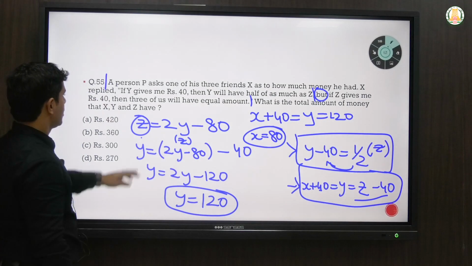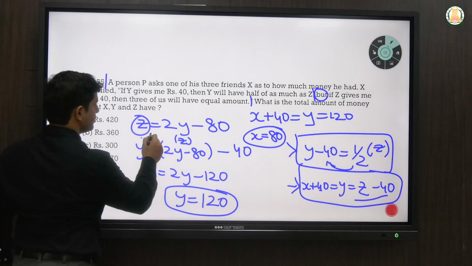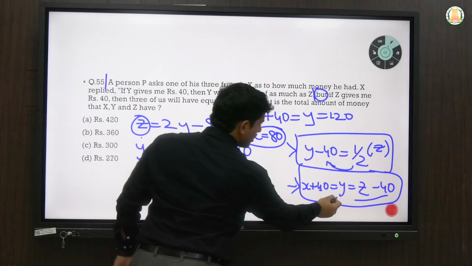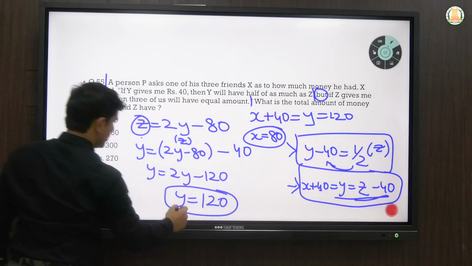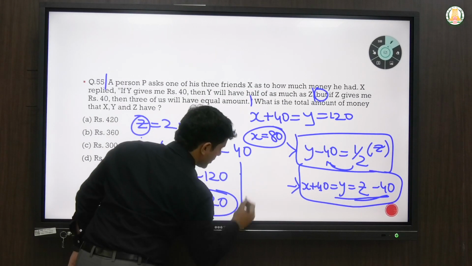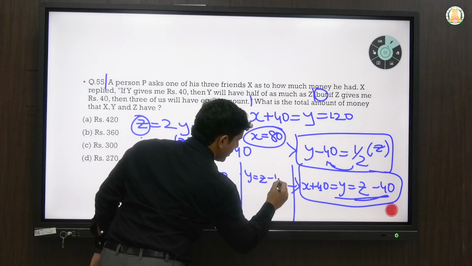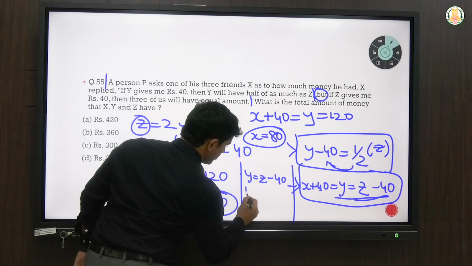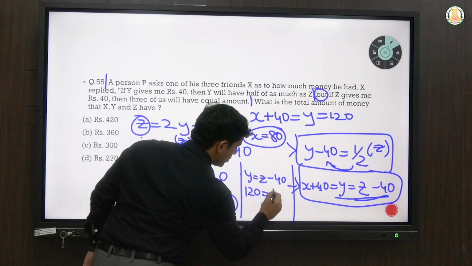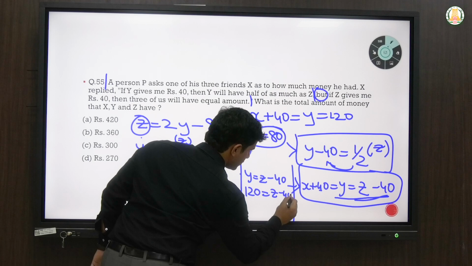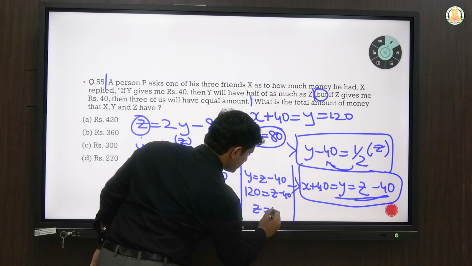Okay. Now Z also, we know Y equal to Z minus 40. Y we know is 120, equal to Z minus 40. So Z will be 160.